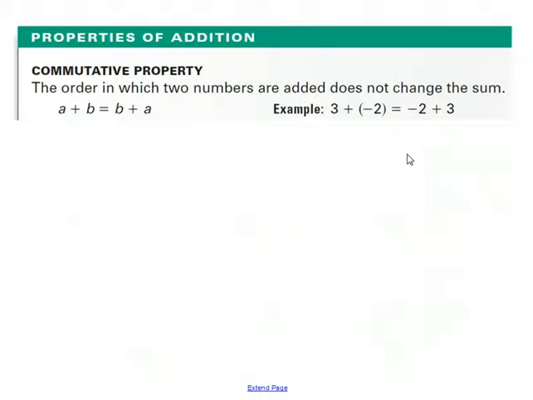But notice that only worked because I was talking about it as 3 plus -2. If I talked about it as simply 3 minus 2, I can't switch this order. I can't say 2 minus 3 is the same as 3 minus 2. Of course they're not. So the commutative property only works if you turn subtraction into addition using that subtraction rule that I talked about 2 slides ago.